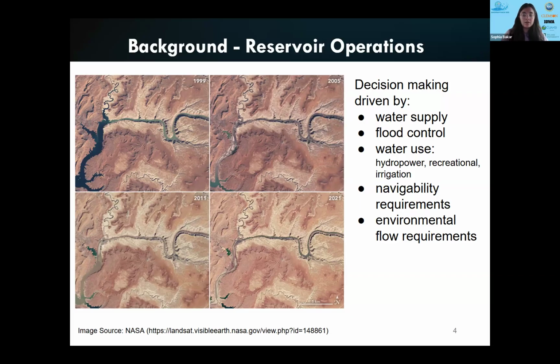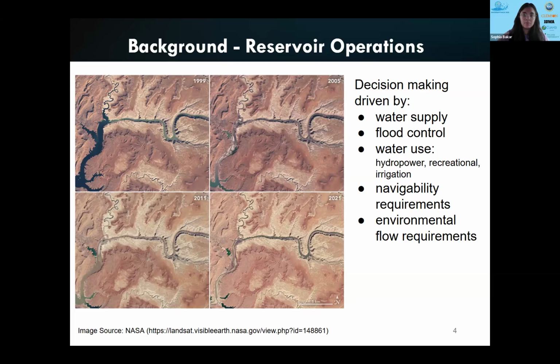Here I'm showing an example of a reservoir that has experienced stress due to drought conditions. This is Lake Powell in Colorado, and you can see that beginning in the late 1990s, there was a drought that started, and it's caused shrinking of this reservoir over the last 2 decades.